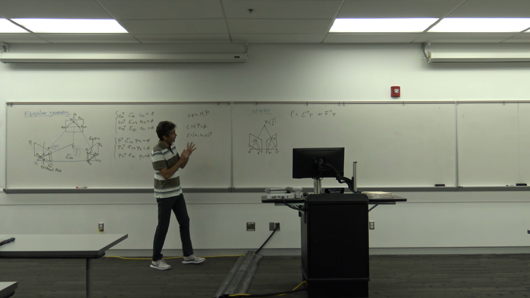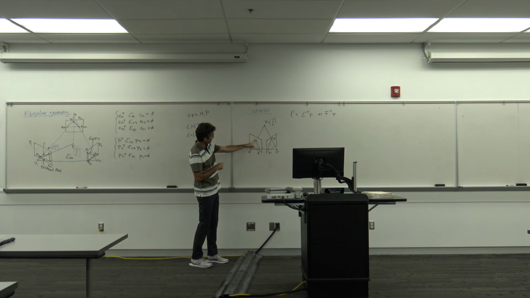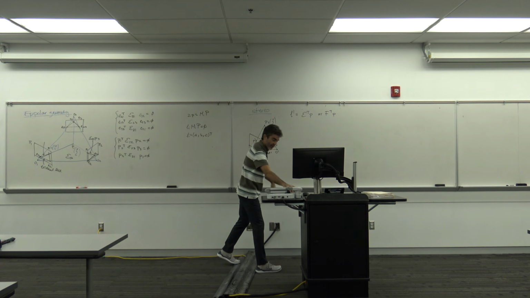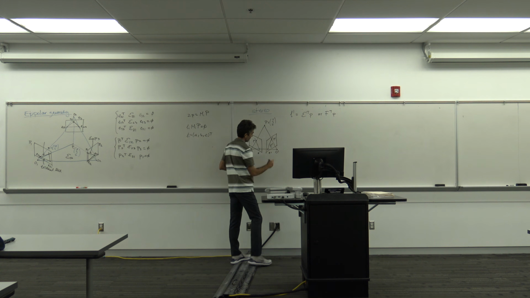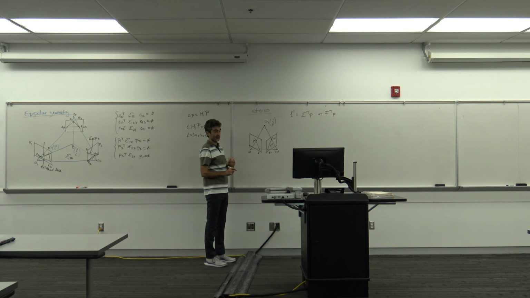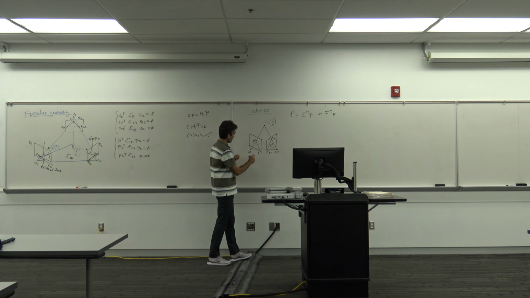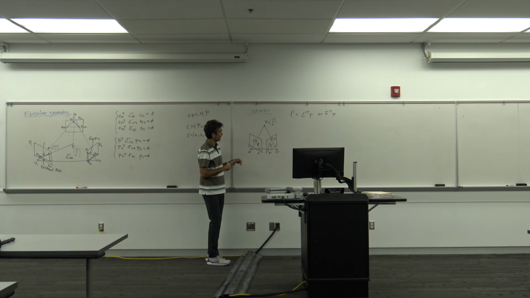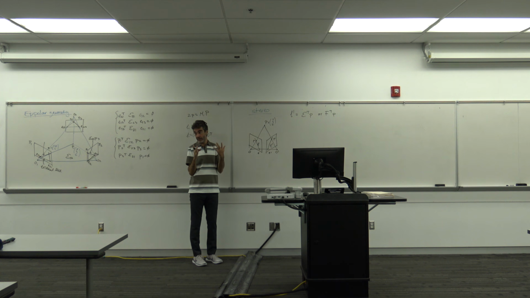So I have my point P here, and with that point P, I can compute L prime, my epipolar line here, and with my P prime, I can compute L here. But there's a problem with this.